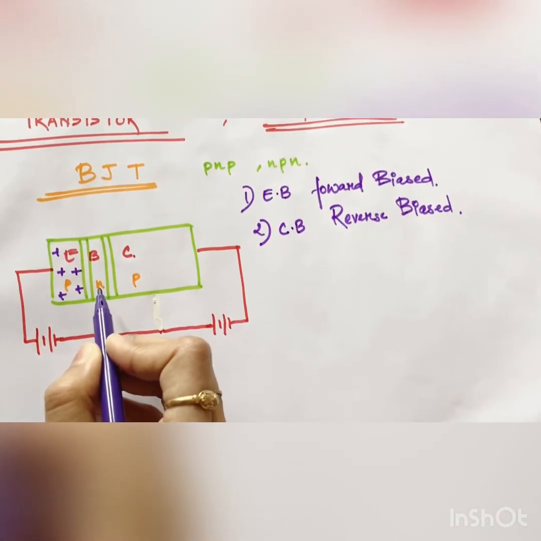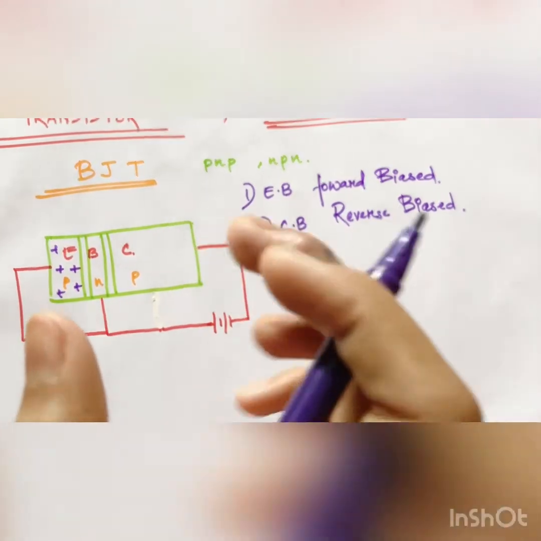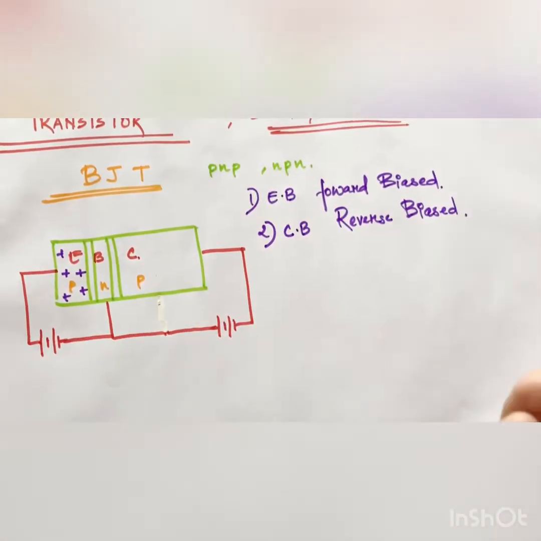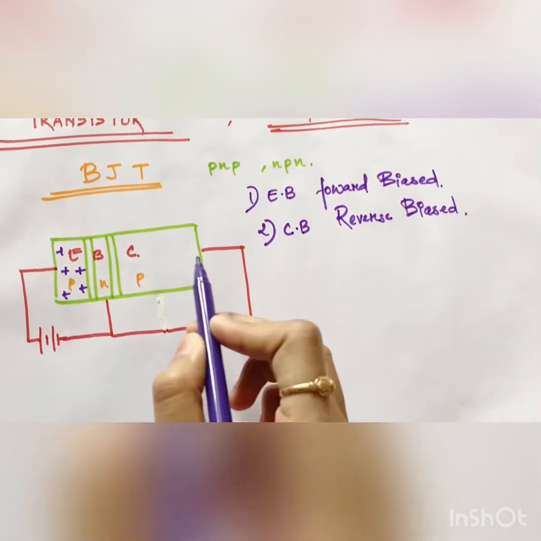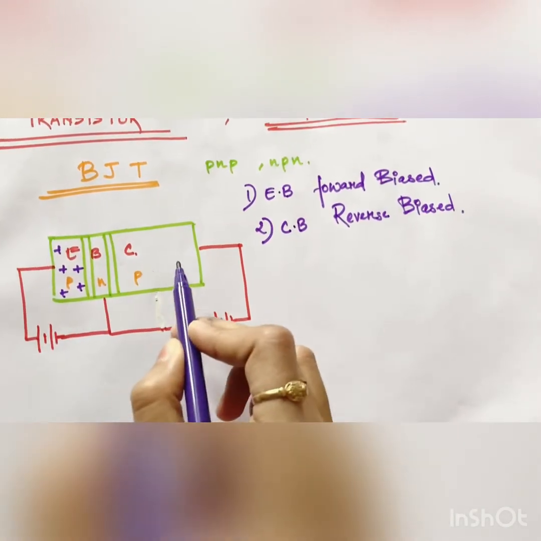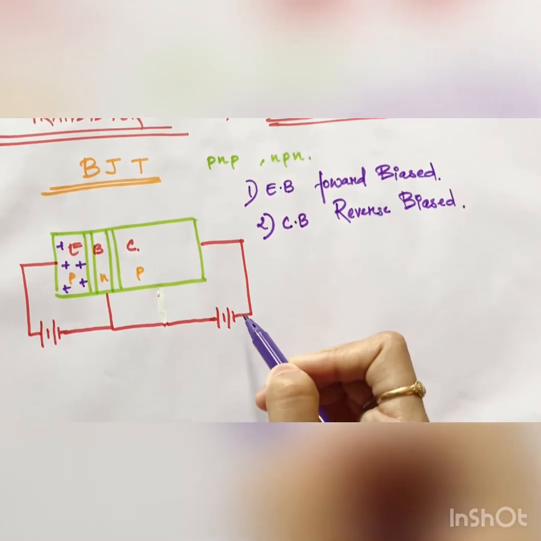There will be some recombination with electrons, but since the base is lightly doped, only some of them will recombine, and the remaining part will pass through the base and be collected in the collector, because the collector is at a negative terminal.